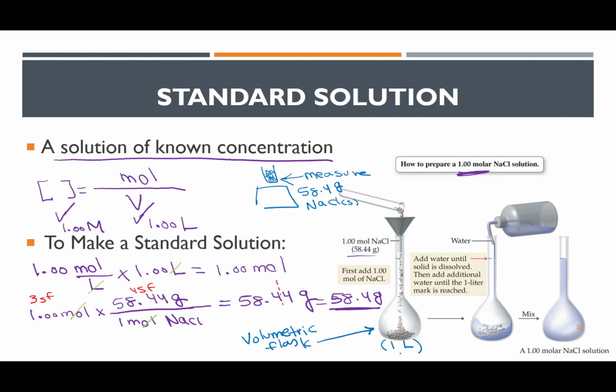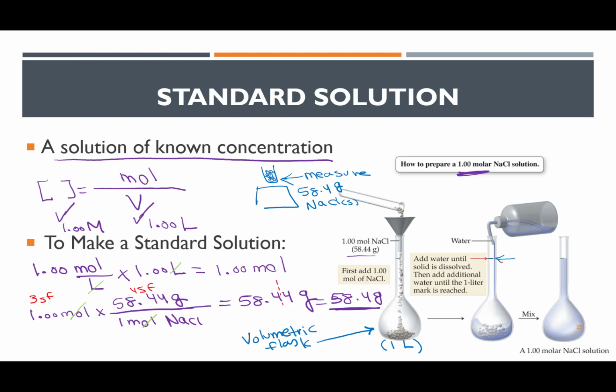Once you've done that, you're going to fill the rest with water. If you look at the neck of the volumetric flask, as you could see here, there is a white line on the neck of the flask. That's the calibration.